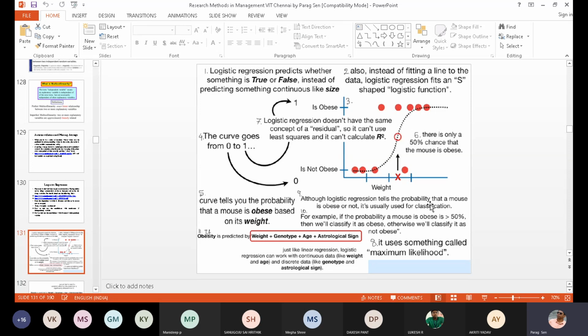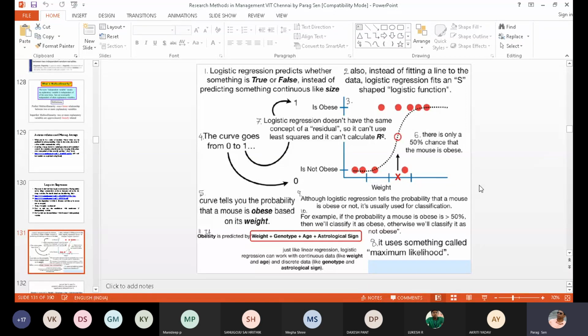Although logistic regression tells the probability that a mouse is obese or not, it's usually used for classification. That means though it gives you a probability, suppose 0.4 or 0.6, you consider it dichotomously. If it is 0.6, then you understand that the mouse will be obese.